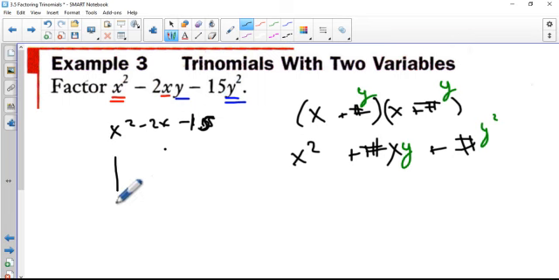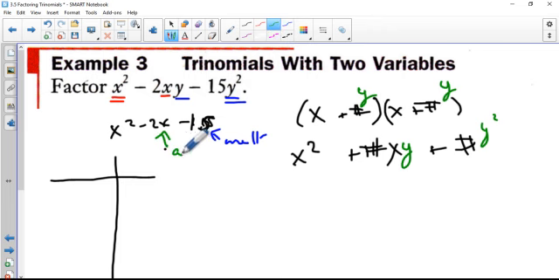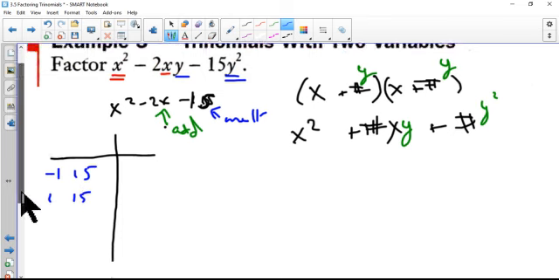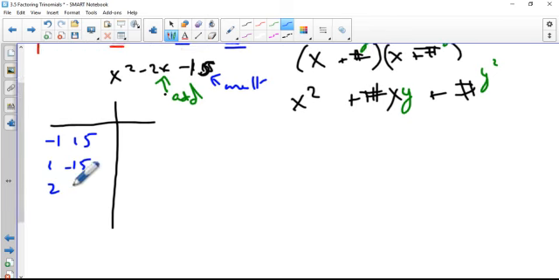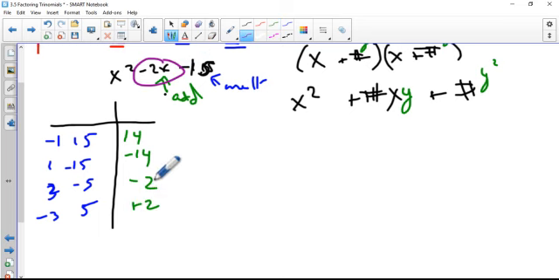So to multiply, we've got minus 1, 15, 1, minus 15, 3, minus 5, and minus 3, 5. And that's all she wrote. So adding this together, we're going to get 14, minus 14, minus 2, plus 2. We're trying to get minus 2. So those are our answers.